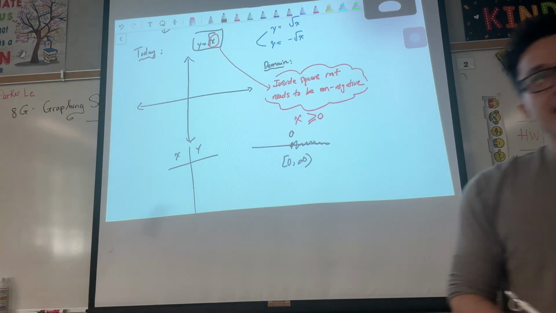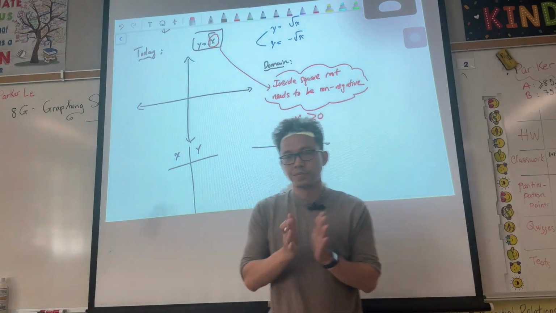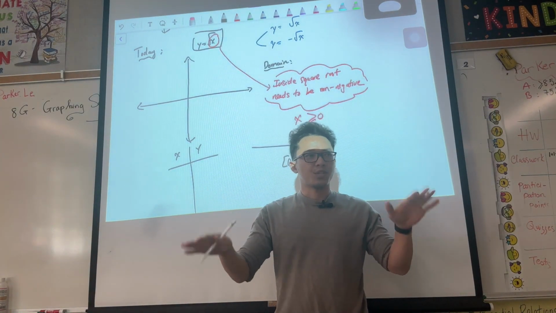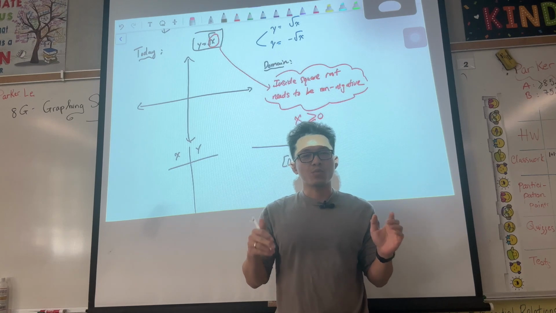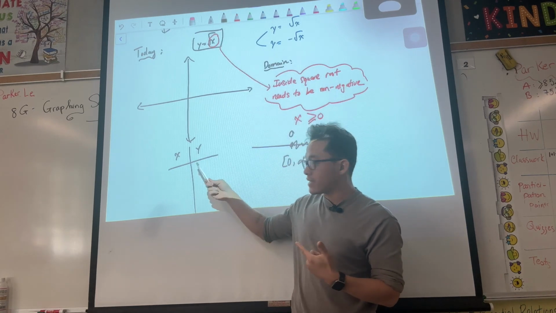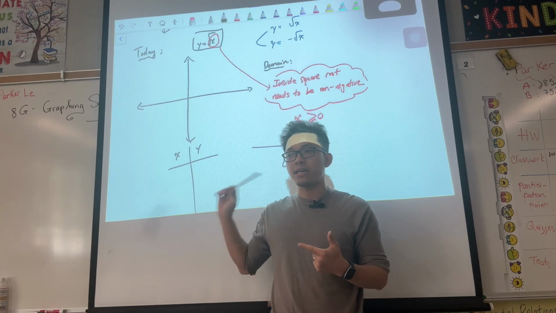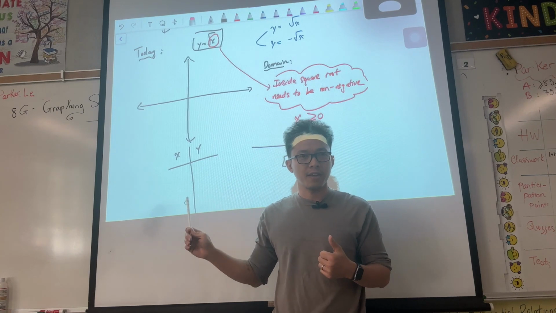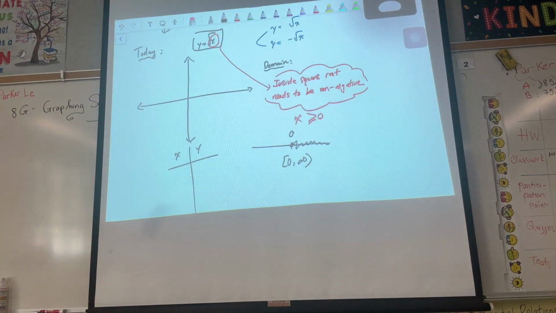Now the question is, technically for the T table any number is good, right? But what number is going to be good here? 0, 1. Why is 0 good? Because the square root of 0 is 0. Why is 1 good? Because the square root of 1 is 1.